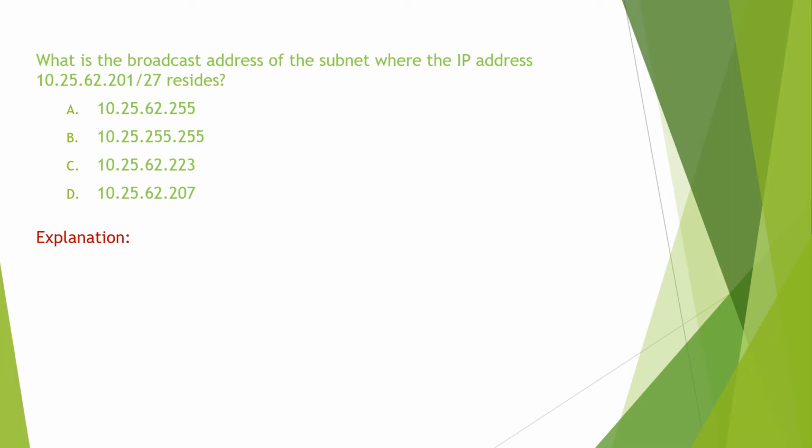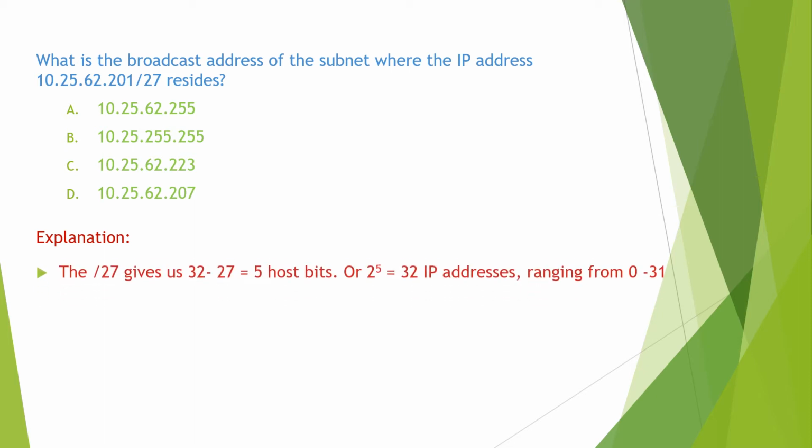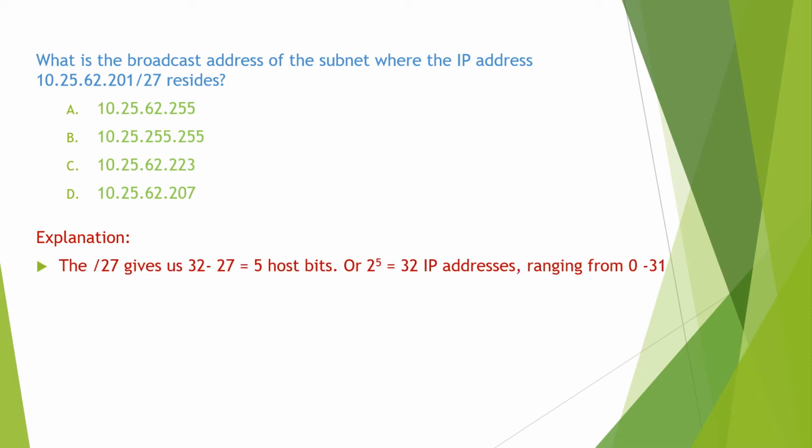The question reads, what is the broadcast address of the subnet where the IP address 10.25.62.201/27 resides? To answer this question, we know that the /27 gives us 5 host bits, or 32 IP addresses ranging from 0 to 31.